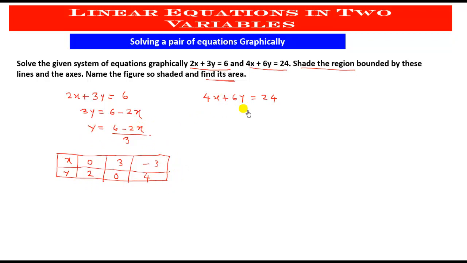Now we will write this equation as y in terms of x. Before that we will divide this equation by 2 because 2 is a common factor, so we will get 2x plus 2 3s are 6y, which is equal to 2 1s are 2, 2 2s are 4, so 3y is equal to 12 minus 2x, and therefore y is equal to (12 minus 2x) upon 3.